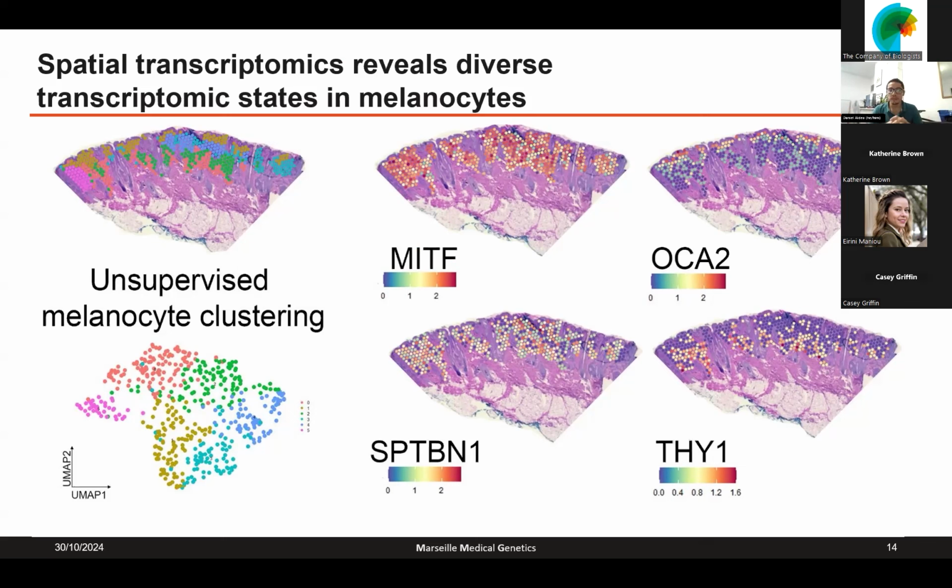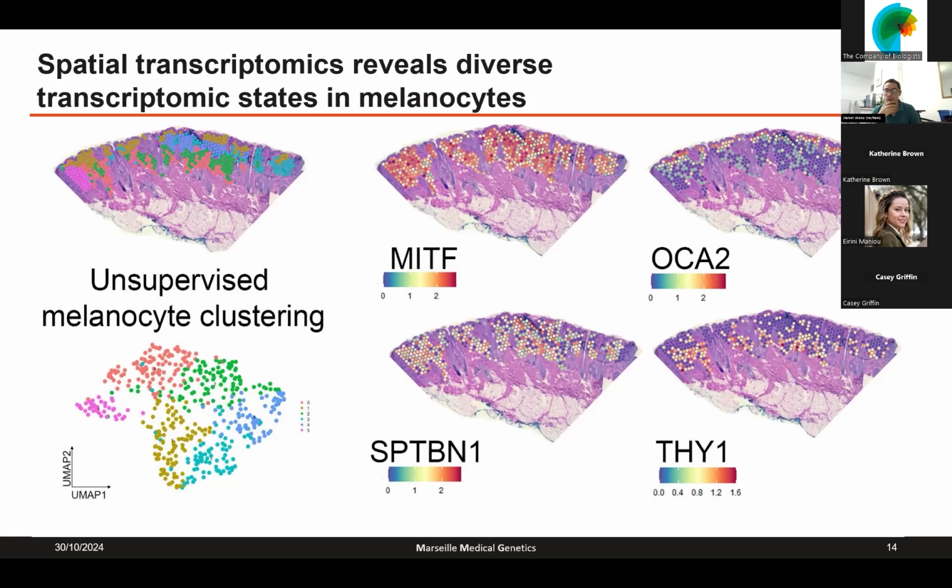You can observe here MITF, a master regulator of melanocytes. It is very well expressed in all the melanocytes in this tissue, and we already started observing some differences at the transcriptomic level. For instance, OCA2 is a gene expressed much more in the melanocytes in close proximity to the epidermis, but not in those that are deep.